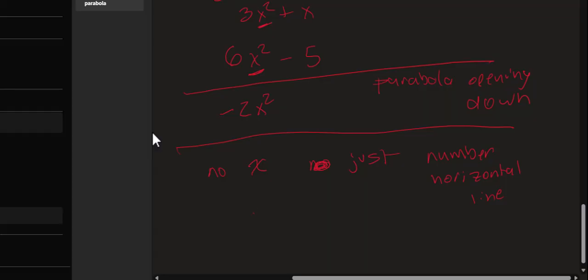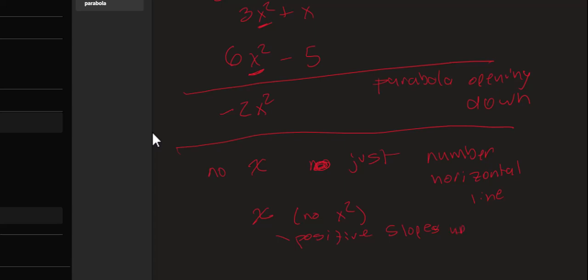If there's an x, no x squared, then if it's positive, it slopes up, negative slopes down.